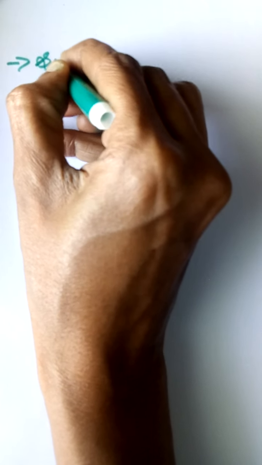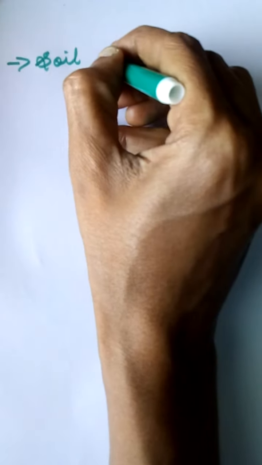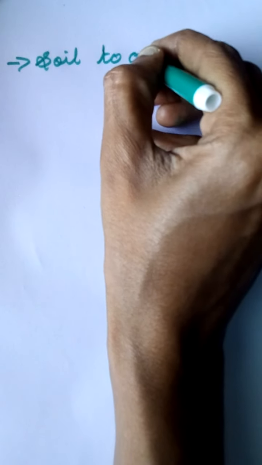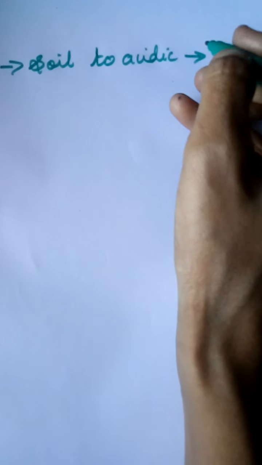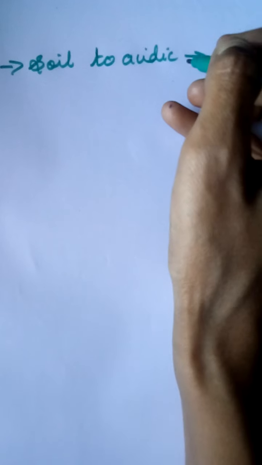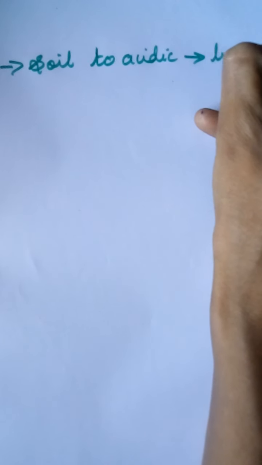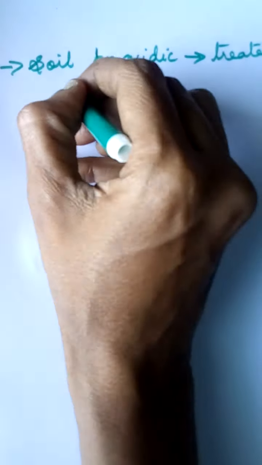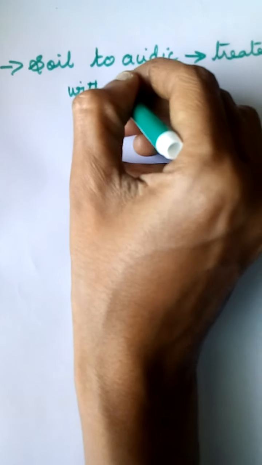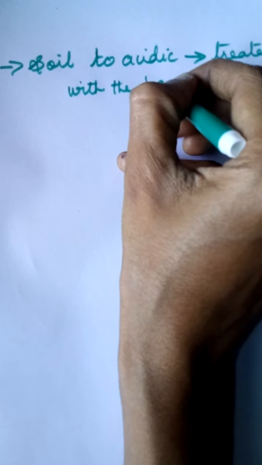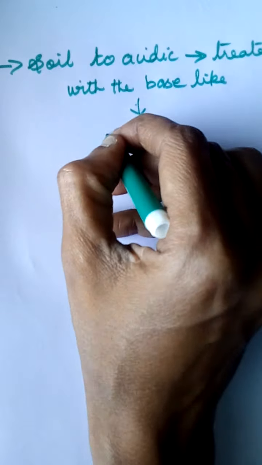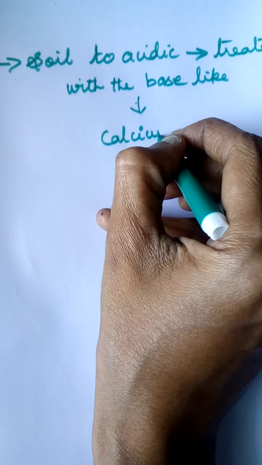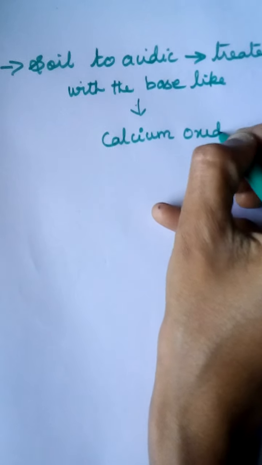When soil is too acidic, it is treated with a base like calcium oxide.